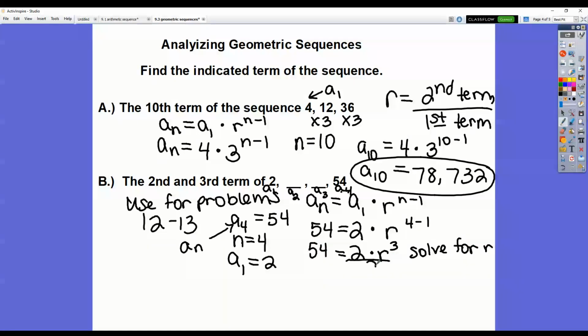Okay, from here, solve for r. So we're going to divide by 2. Half of 54 is 27. Then, what's the cube root of 27? Well, that would be 3.